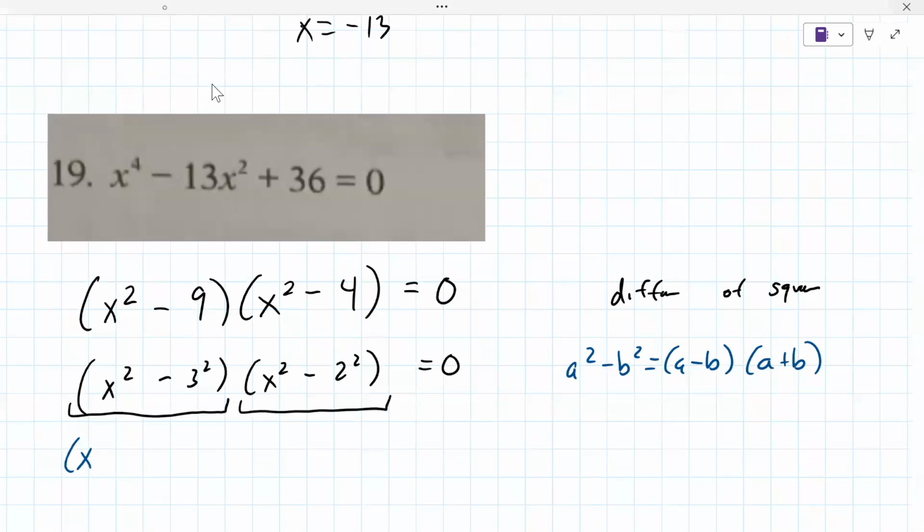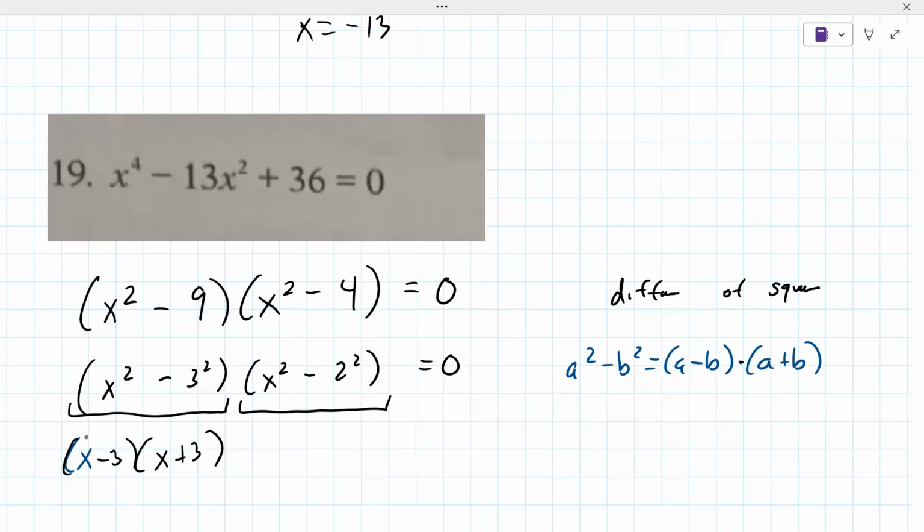Okay, that's correct. And then x plus 3. So the first one becomes x minus 3 times x plus 3.